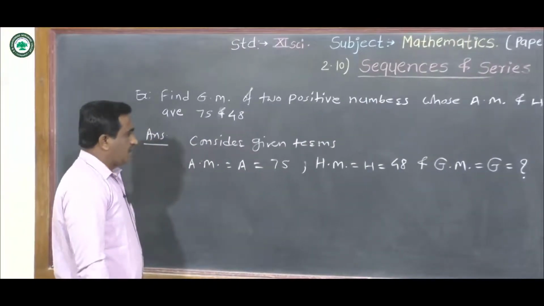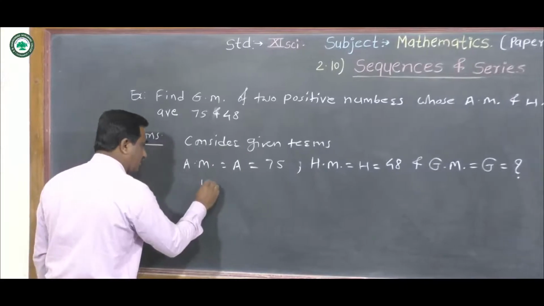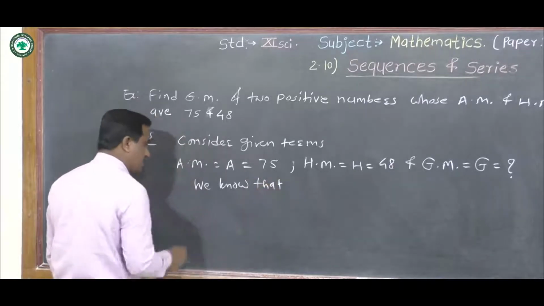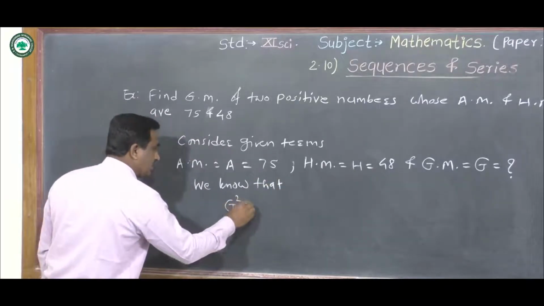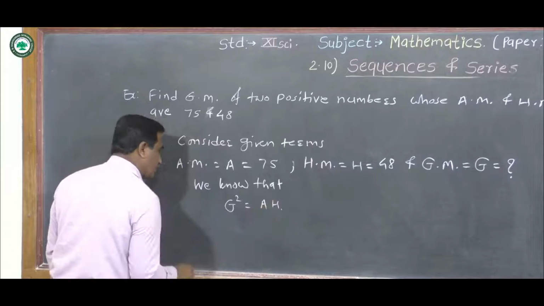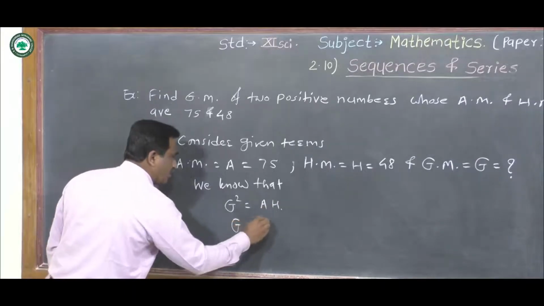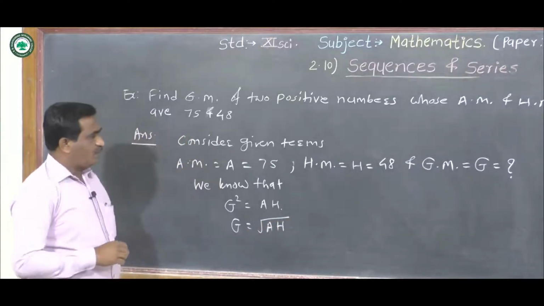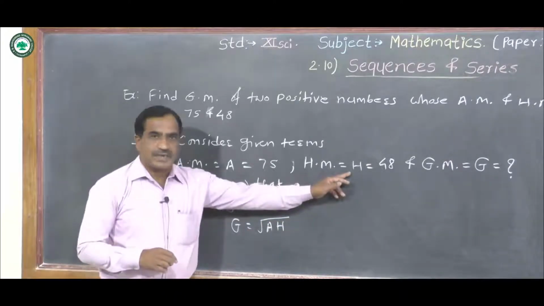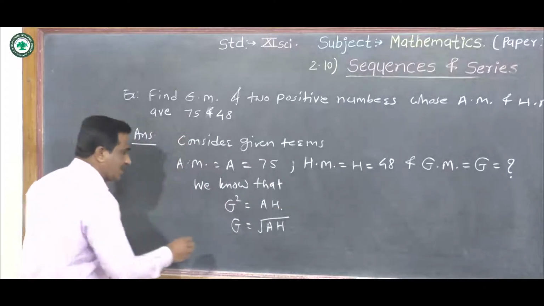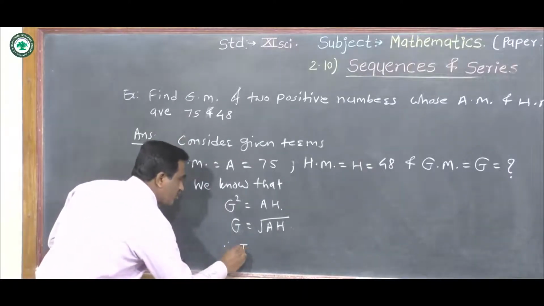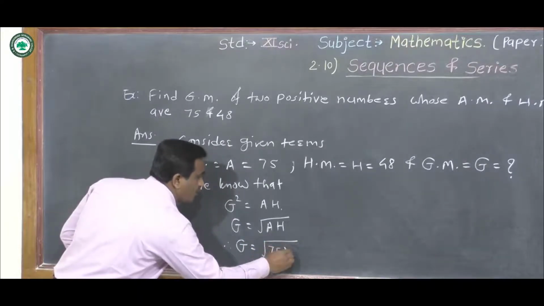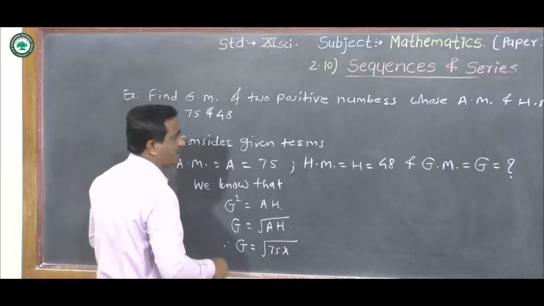Now we know that the result is G square is equal to A into H, or G is equal to under root A into H. Now put the values of A and H here, arithmetic mean and harmonic mean. Therefore we can write G is equal to under root A means 75 into H means 48.